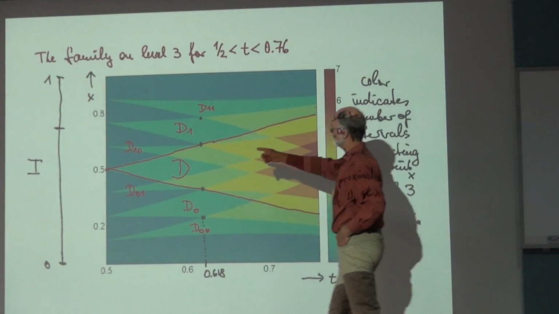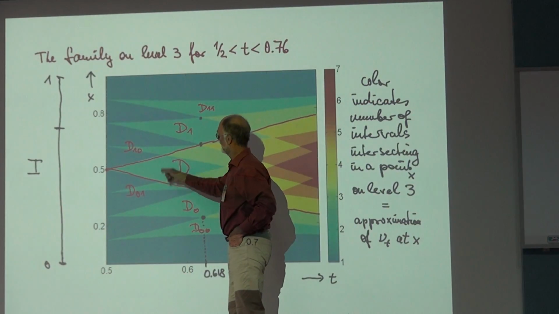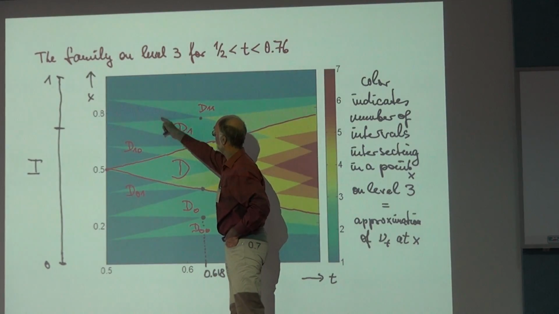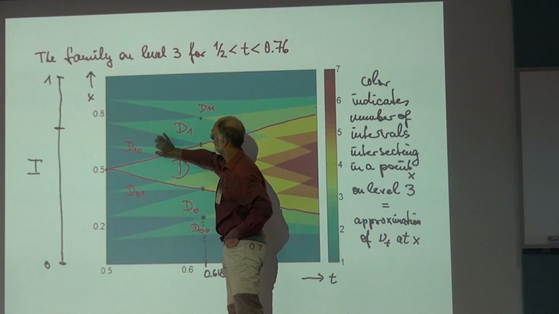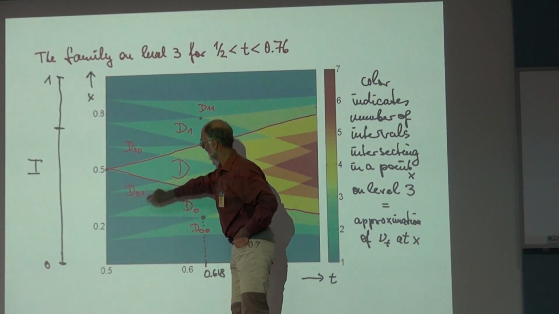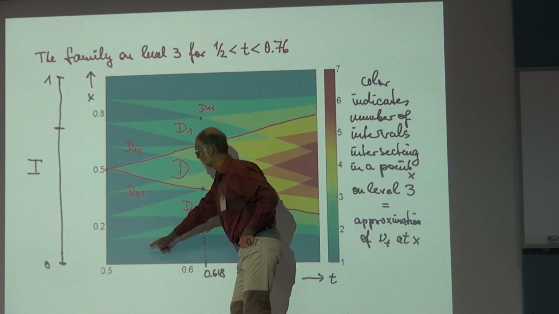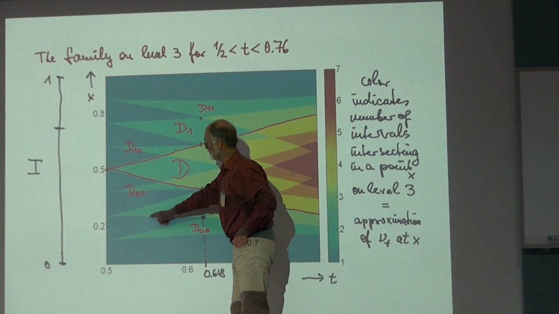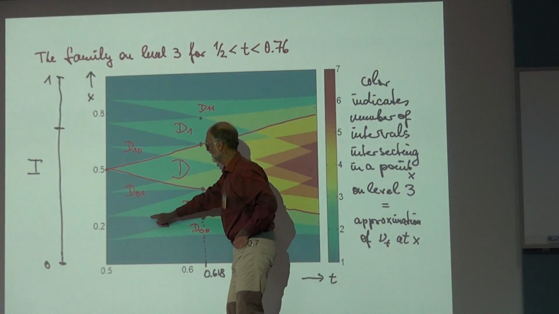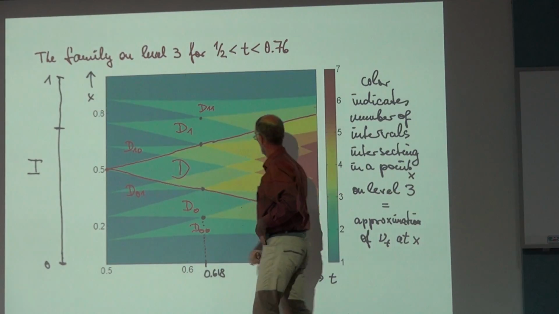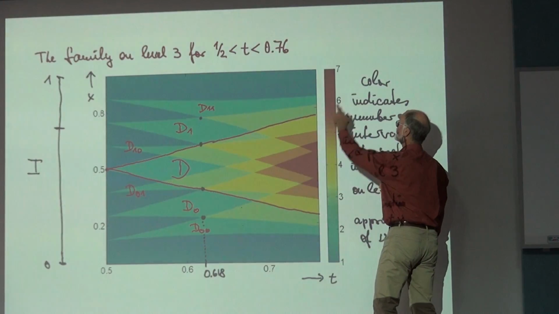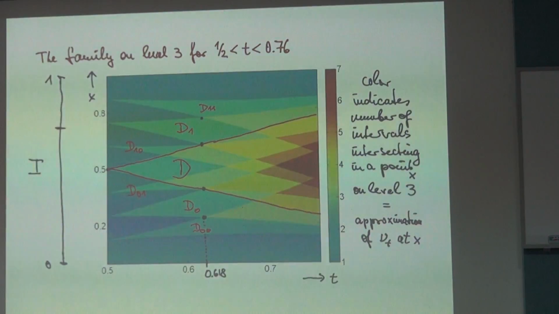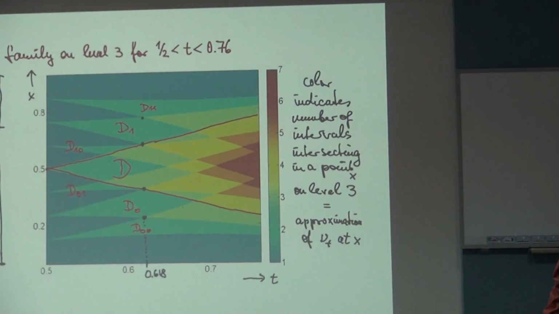So for instance, this is the big intersection, and these are the smaller intersections, and in the third stage we have these two still smaller intersections. We have a mapping which is small here, then it goes up, it has two values here, it goes down to 1, 2, 1, 2, and so on. But here we have already values up to 7, where 7 intervals meet on the level 3.